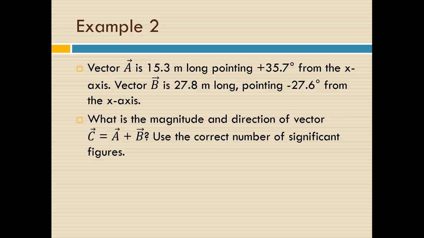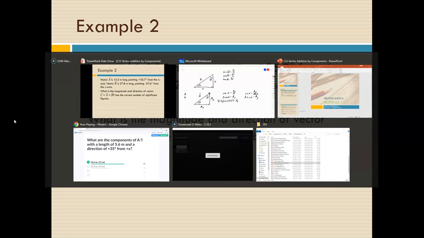Okay? You don't take a look at these vectors and immediately grab a calculator and start mashing buttons. One can get lost very easily, especially if I give you something like 5 vectors. Okay? So, how are we going to do this?